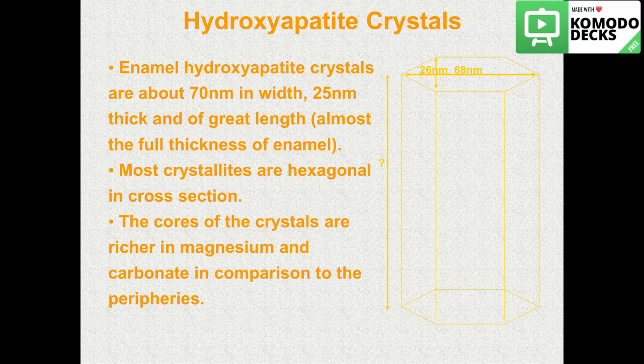Most crystals are hexagonal in cross-section, as we can see here. The core of the crystals is rich in magnesium and carbonate in comparison to the peripheries. And the length of it is sometimes the whole length of the enamel.